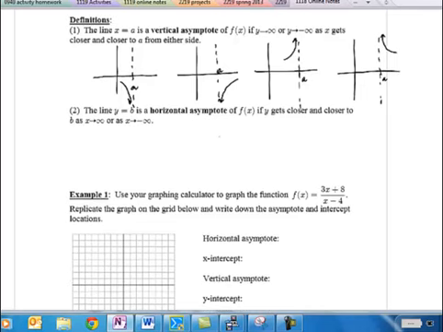The line y equals b is a horizontal asymptote of f if y gets closer and closer to b as x goes to the right without bound or to the left without bound. So for the horizontal asymptotes, we're just looking at x getting large positive or x getting large negative.